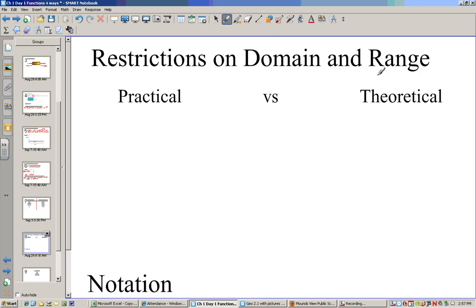Now, sometimes there will be restrictions on domain and range, just like our previous example with coffee. Our previous example starts up here and gets closer and closer to room temperature.